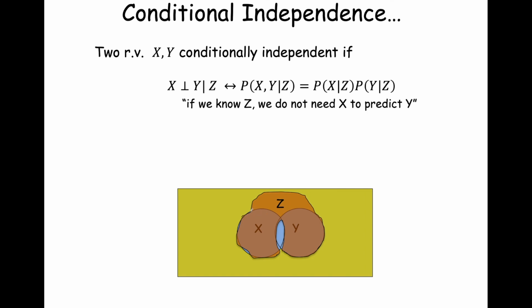And so now this part of x and this part of y, and let me shade that in, are independent from one another. They do not overlap in the Venn diagram. So this is what conditionally independent means.